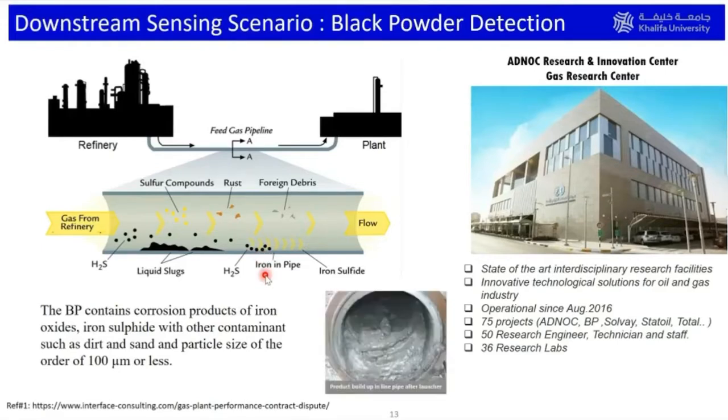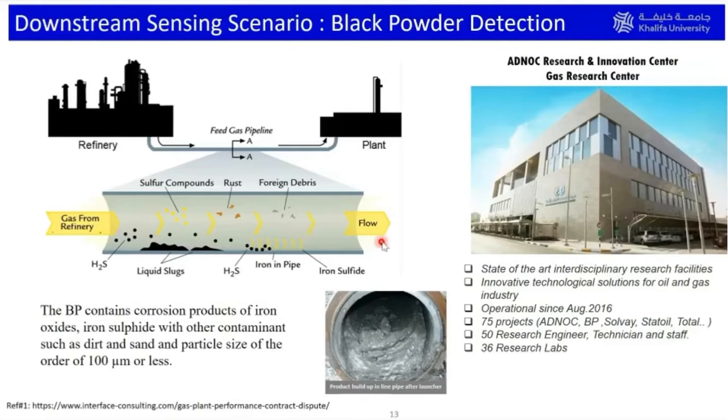So if you don't have a preventive measure for this, it will block the whole pipeline, and it can exceed the pressure and it can blast. So a preventive measure is required.